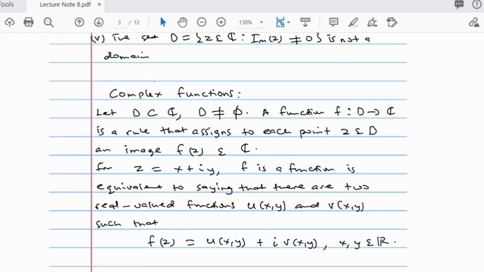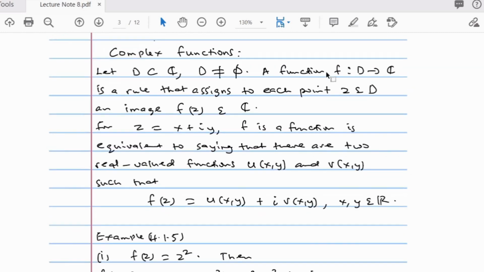So for the complex field, your complex function takes F from the domain, which is a subset of C, into the set of complex numbers. If your Z is written as X plus iY, because the domain is a subset of the complex field, every point in the domain is a complex number, written in the form X plus iY.